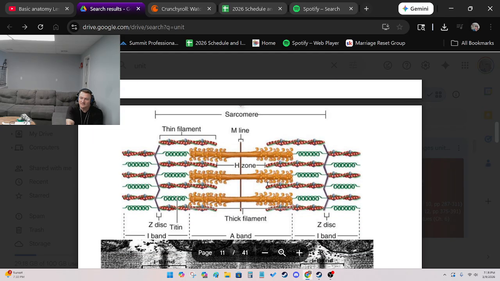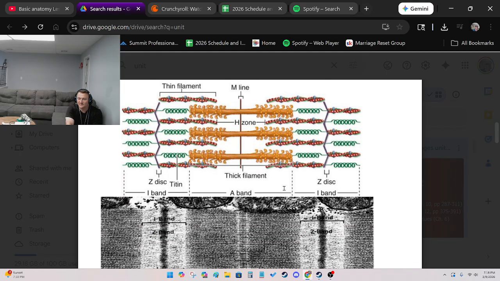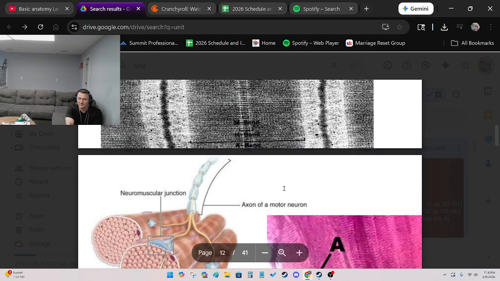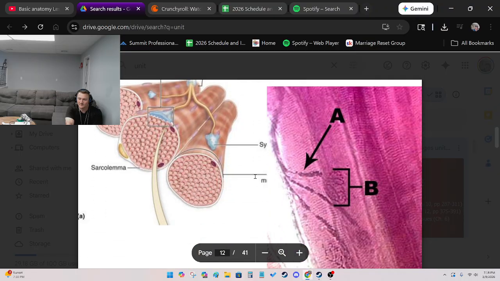And when is a muscle strongest? At full contraction, when it's completely lengthened, or when it's completely contracted? No, it's halfway in between. Okay, 45 or 50% of contraction is where a muscle is usually strongest.